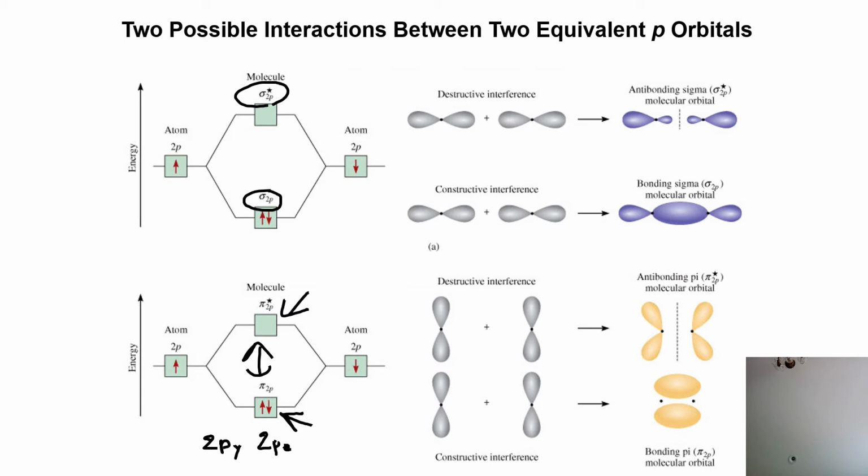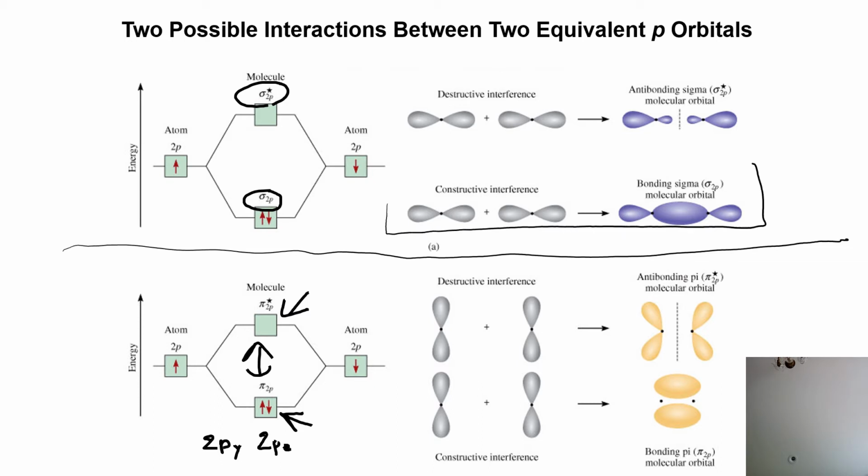The top part of this diagram is describing what's occurring with the 2px orbital, and those interact head to head. In the constructive interference, we have the electron density between the 2 nuclei, and we form a sigma 2p bond.